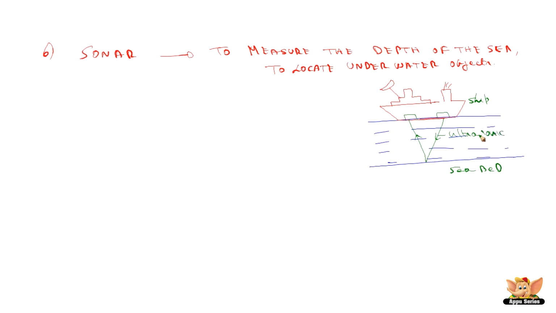An ultrasonic pulse is an ultrasound wave, and this is the reflected ultrasonic pulse, or echo, and this is the transmitter. It is transmitting the ultrasonic pulse onto the seabed, and this is the receiver which is receiving it back.